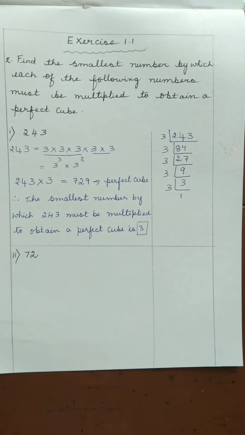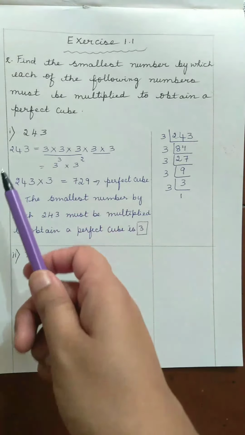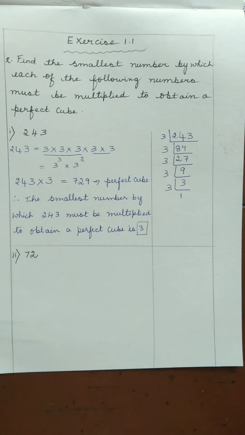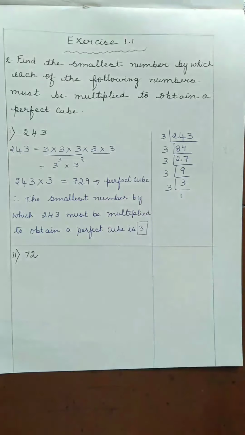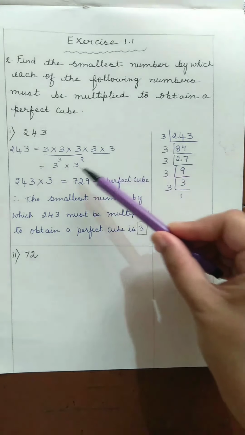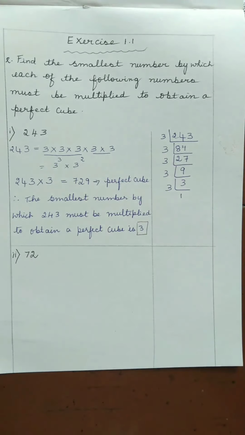So when a problem is given to find the smallest number by which we have to multiply a number so that we will obtain a perfect cube, first factorize the number. After factorizing, group the factors such that you get groups of 3. Now in the prime factorization, check which factor does not appear 3 times.